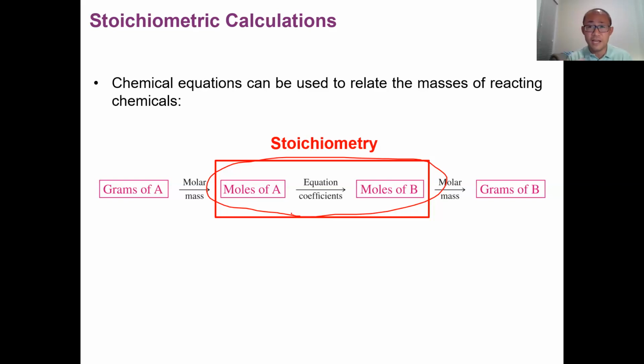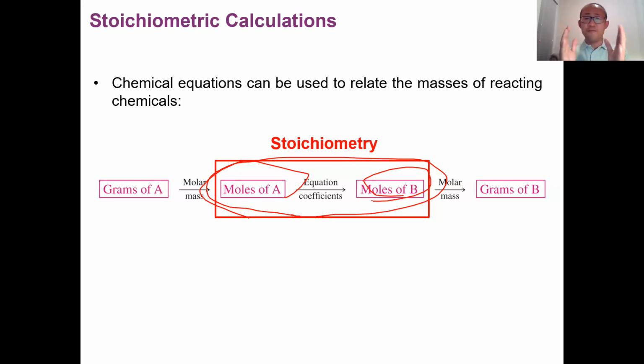We don't have equipment to measure moles, but we do have a balance in our lab, or in your lab kit, to measure mass in grams. So if you want to relate the substances in moles, moles of A and moles of B, you have to convert what you can get, which is grams, to moles. After you relate them in moles, you have to convert the moles of B back to grams.